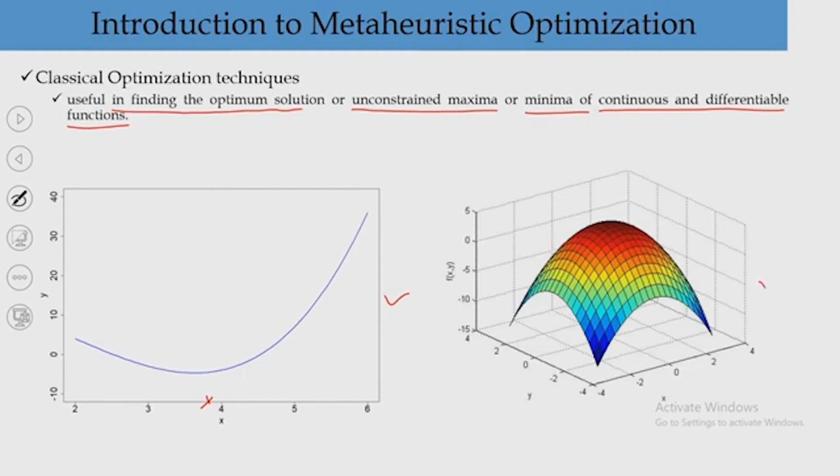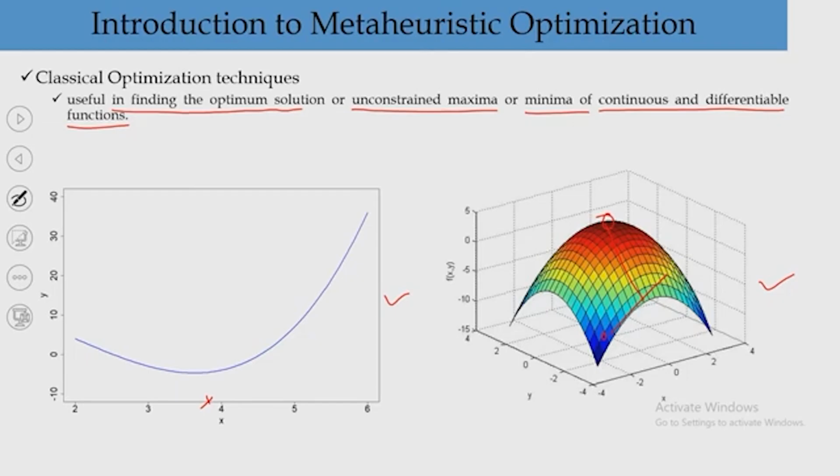Similarly, if I take this two variable function, this is also a convex function. You apply any method like Newton's method, univariate method, conjugate direction method, or steepest descent method. You search from any point and finally you will get the optimal solution of this particular problem.